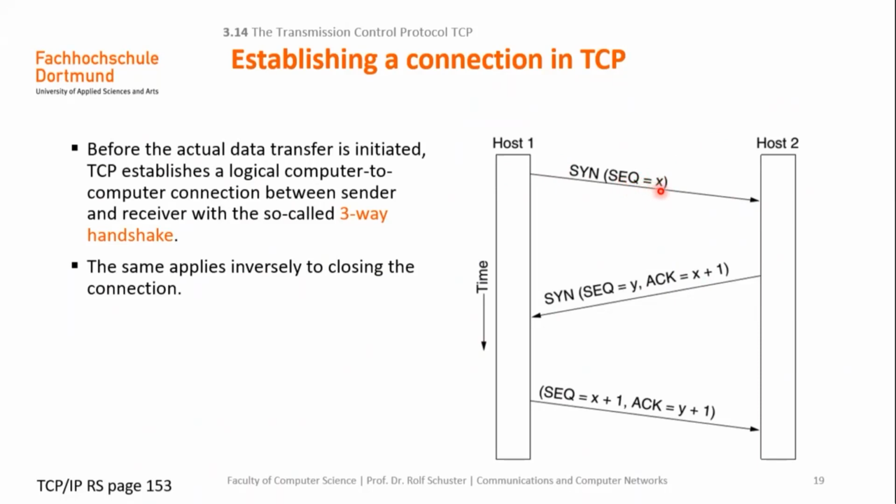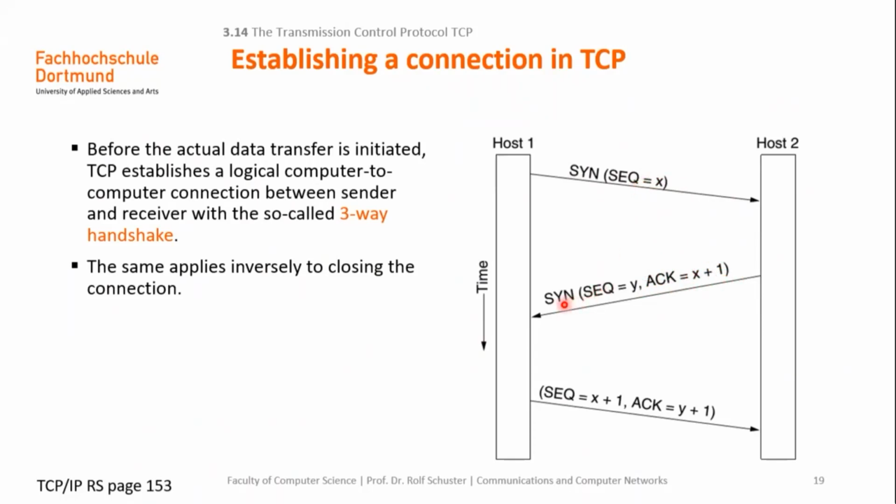But in fact, this segment transports no data. That's why the acknowledgement of this segment points to the sequence number x plus 1, only as if this segment were a segment transporting only one object.